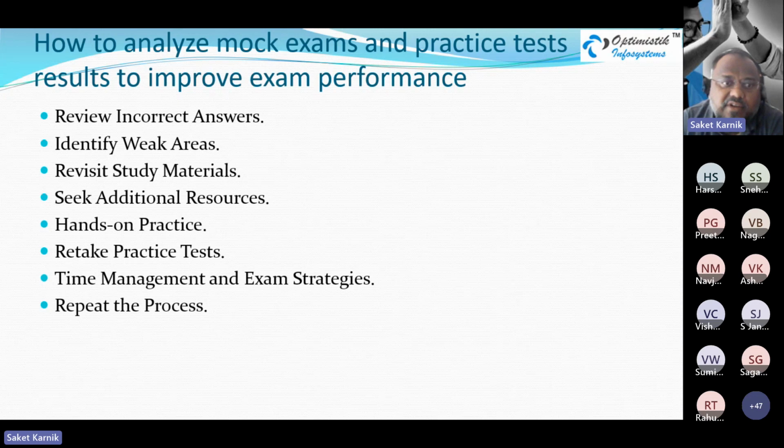During this time itself, time management and forming your exam strategies will be possible, right? 150 minutes is the duration being provided to you to attempt those questions. So you can set a target of completing the exam in 120 minutes itself, so that you get 30 minutes for review before you actually submit your exam.